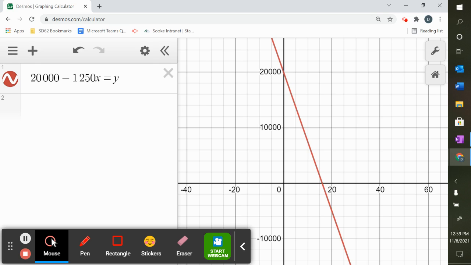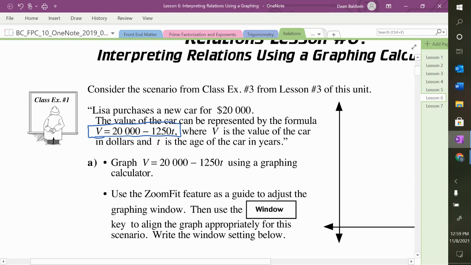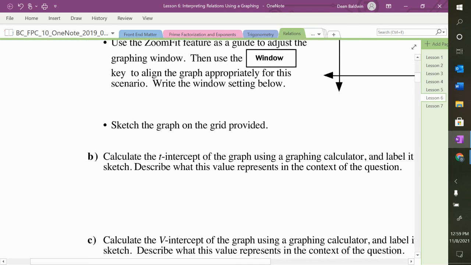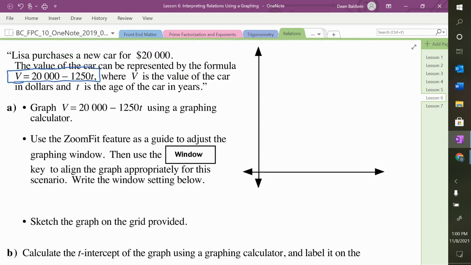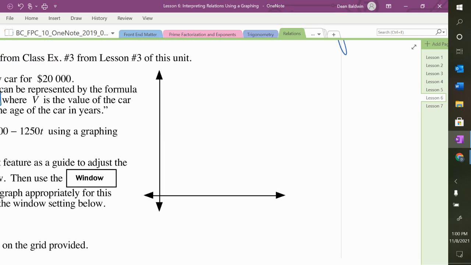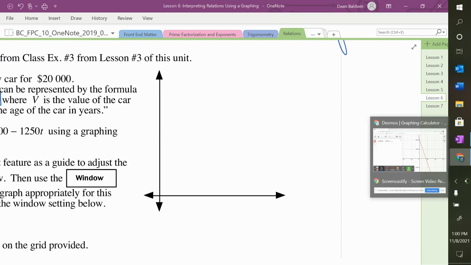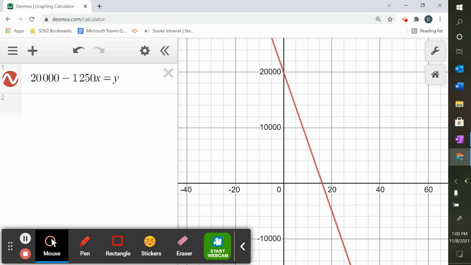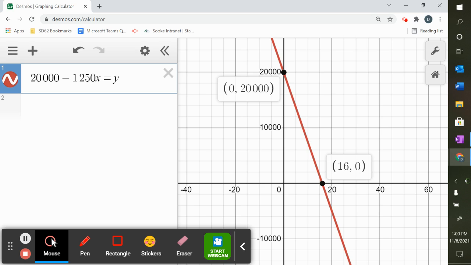All right, we're going to answer these questions. Oh my gosh, this is a gong show. All right, so we can sketch the graph. We all have the graph. If you click on the X and Y intercepts, it will tell you the coordinates. The y-intercept has a coordinate of (0, 20,000), and the x-intercept is (16, 0).